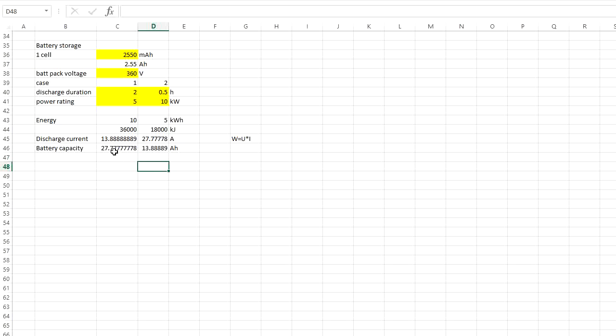So we have the result that the battery capacity would be, in the first case, 28 ampere hours, in the second case about 14.